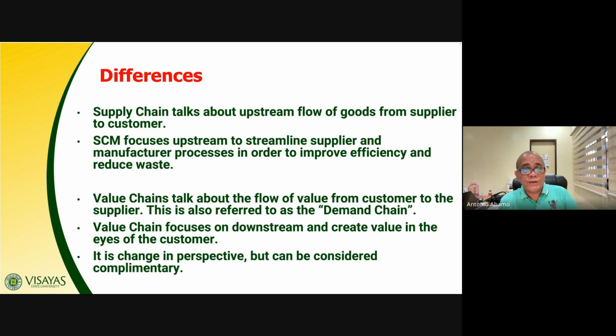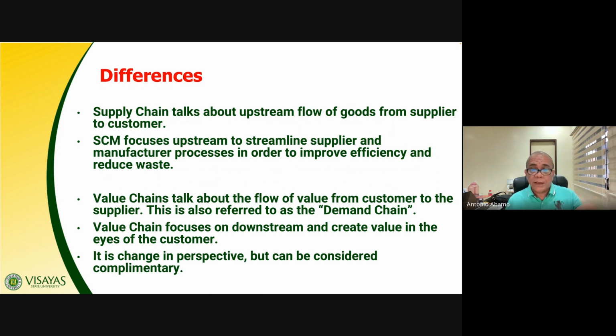What about the differences? Supply chain talks about the upstream flow of goods from supplier to customer. Supply chain focuses on an upstream streamlined supplier. Value chain talks about the flow of value. When supply chain talks about the flow of goods, value chain talks about the flow of value from customer up to the supplier.